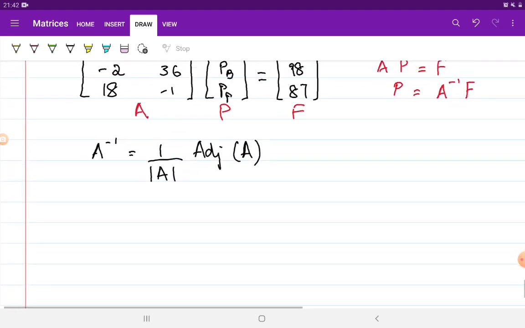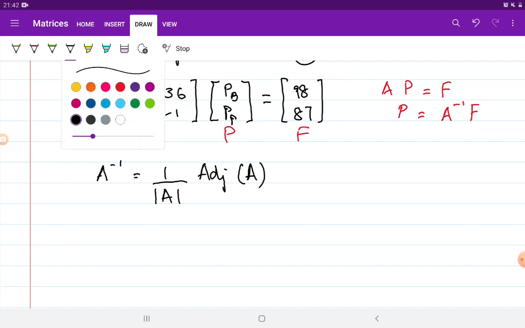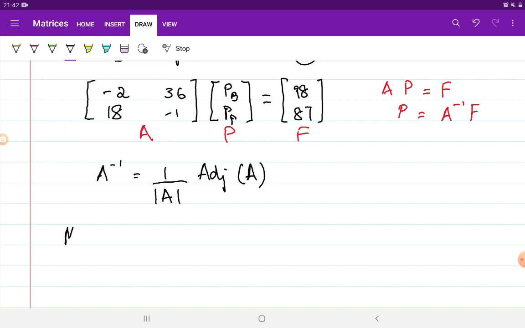So to find the adjoint of A, first let me find the minor of A. I hope you remember how it is done. Instead of minus 2, I will eliminate the row and column of minus 2, and what is left is minus 1.